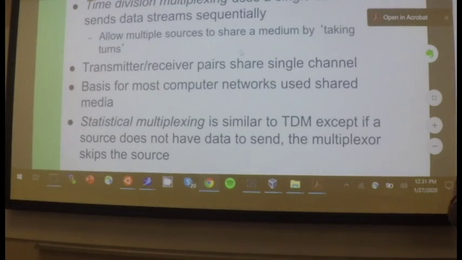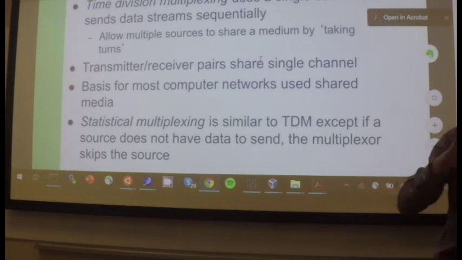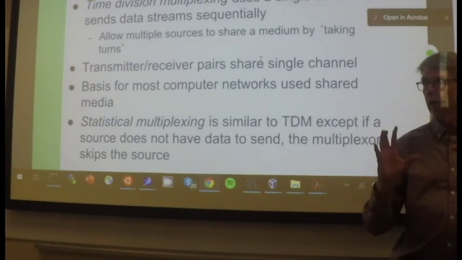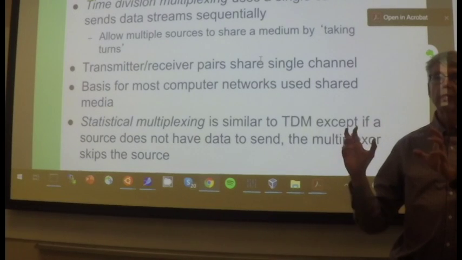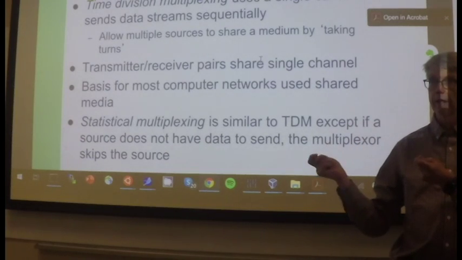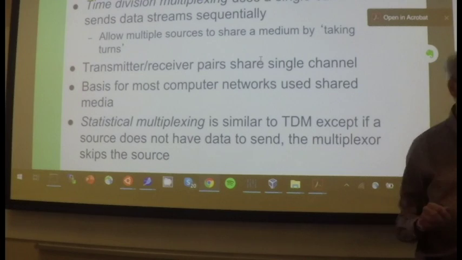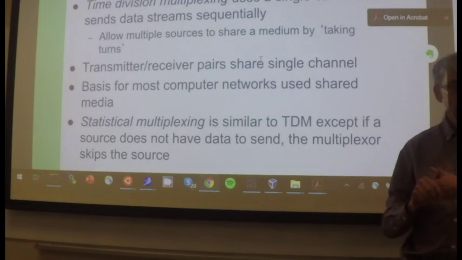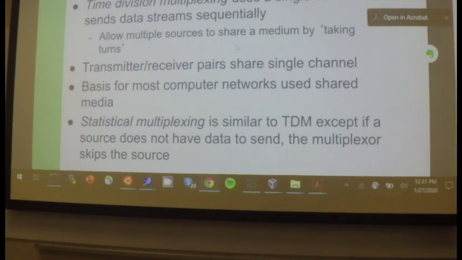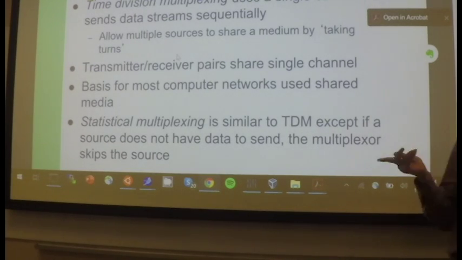So these slides, Data Communication 101 and 102, the material is contained mostly within Chapter 1 of our text. Okay, some is in Chapter 2, but most of this is from Chapter 1.